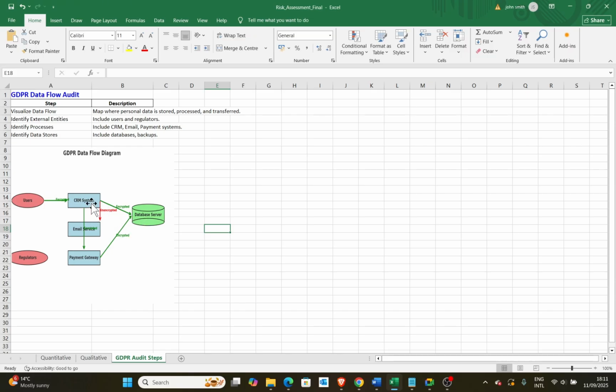If you are sending data that is not encrypted, attackers will get hold of it. So GDPR will simply mandate every organization that is processing information of EU citizens to protect the data securely. That is why you are seeing this encrypted here.